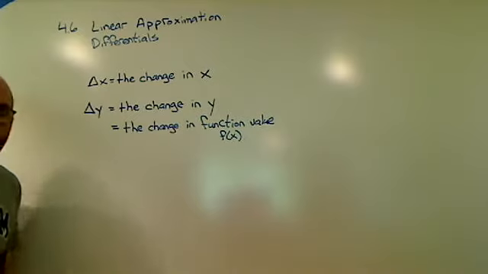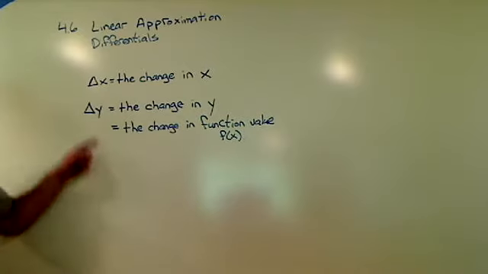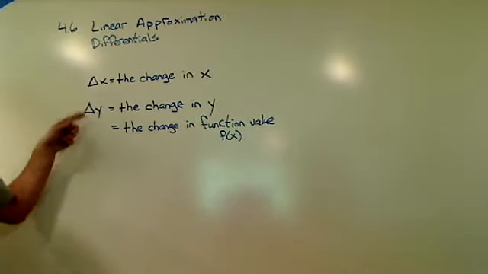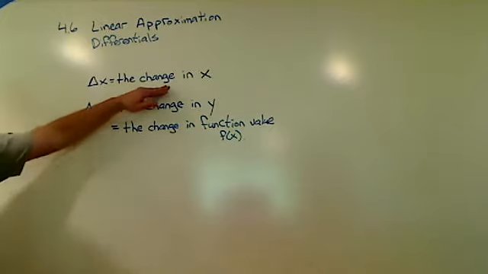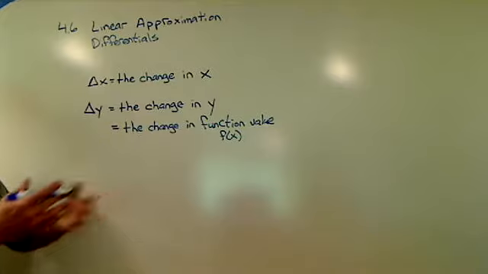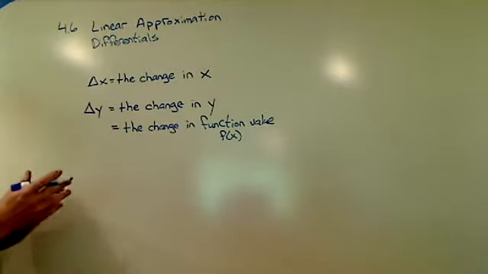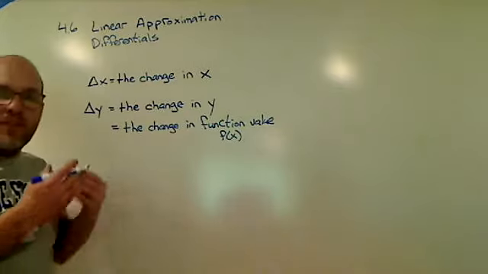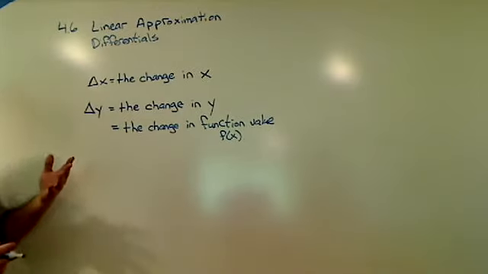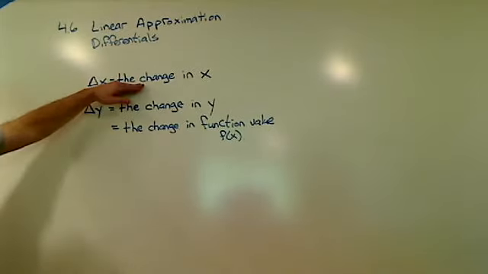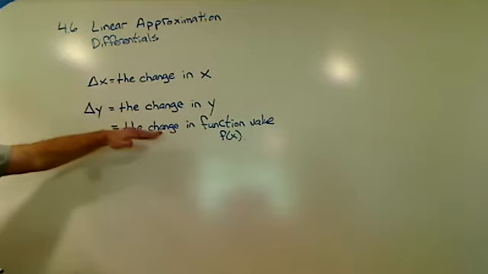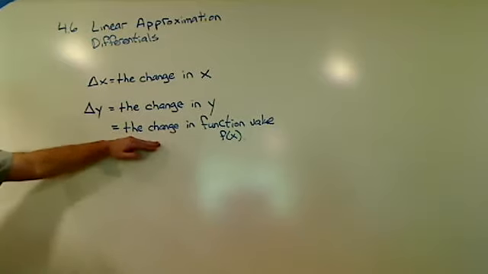Okay, so I know you've probably seen this notation before. Change of x is no big deal because when we're working with these functions, we're the ones changing x, or maybe we're not changing x, but we can see how x changes. Our goal is to figure out, well, what is the change in x? What effect does that have on the function, or how does the y value change?